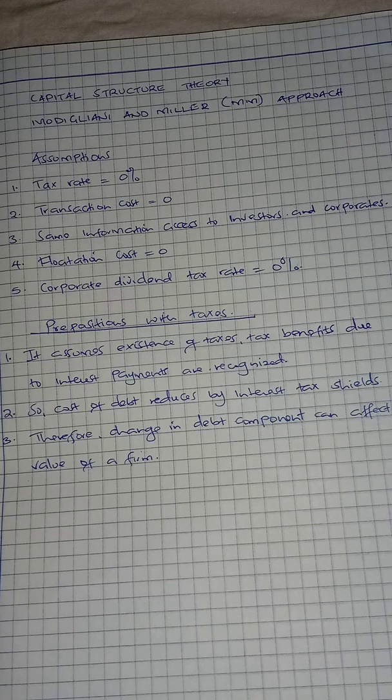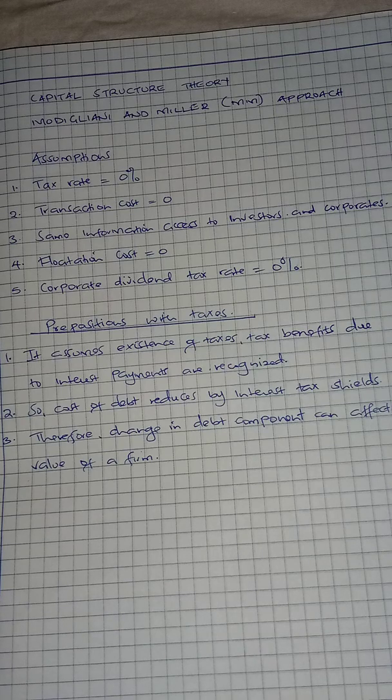So we have the trade-off theory, which advocates that a company can capitalize its requirements with debts as long as the cost of distress, that is the cost of bankruptcy, does not exceed the value of the tax benefits, right? Because the moment it has debts, it will be benefiting from the tax savings.